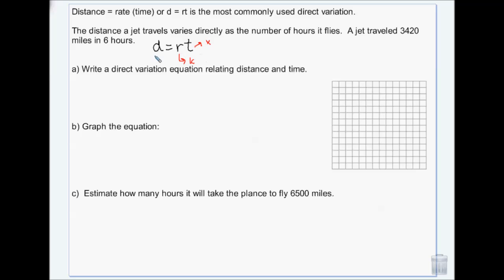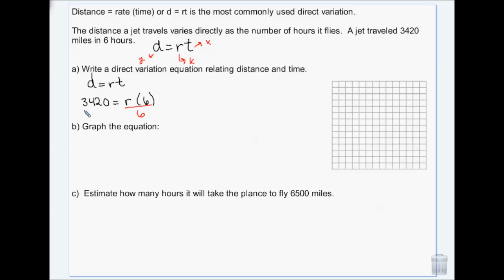T is acting like our x and D is acting like our y. But it's the same steps, just different letters. So if it travels 3,420 miles in 6 hours, we want to write a direct variation equation relating distance and time. If distance is equal to rate times time, then 3,420 miles is equal to some rate times 6 hours.